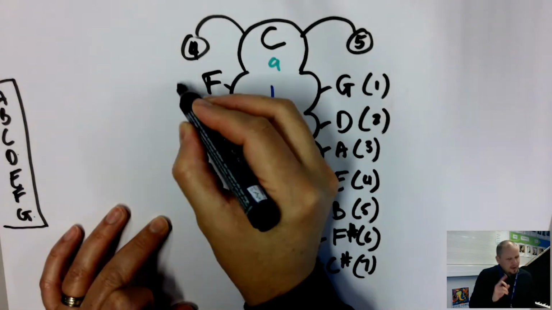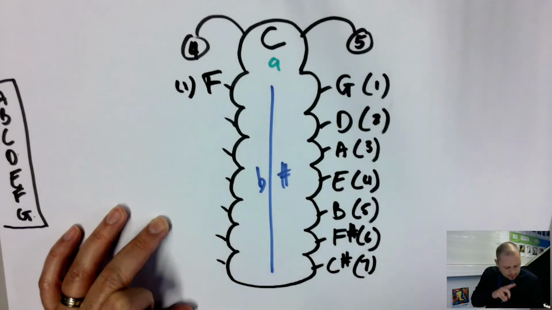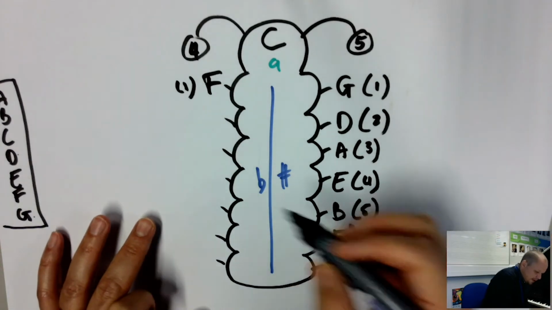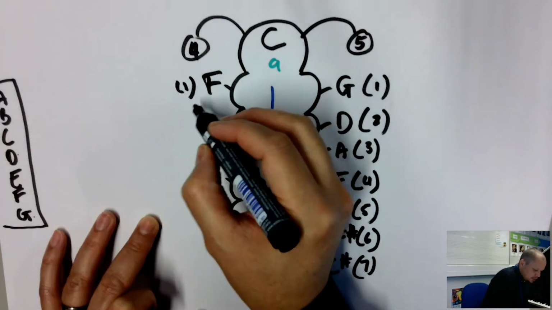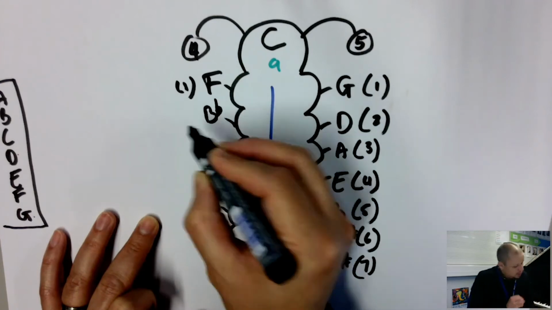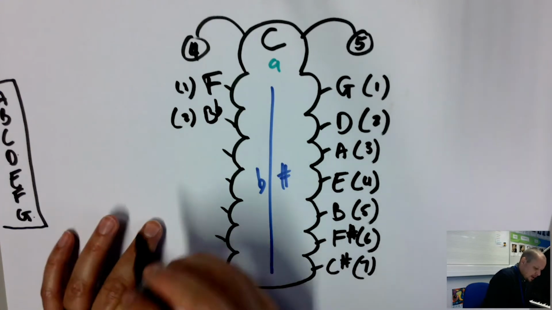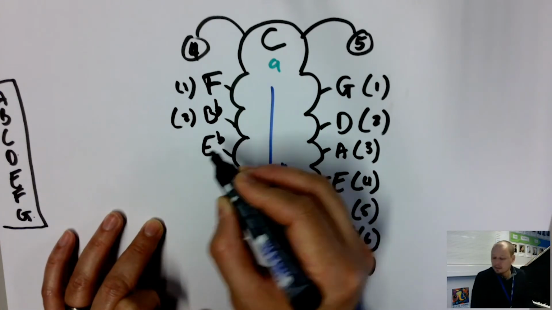And we'll continue. From now on, it will all be flats. But again, as with F sharp and C sharp, I will tell you in a second why that is. So F, G, A, B flat major has 2 flats. E flat major has 3. I'm just counting up 4.